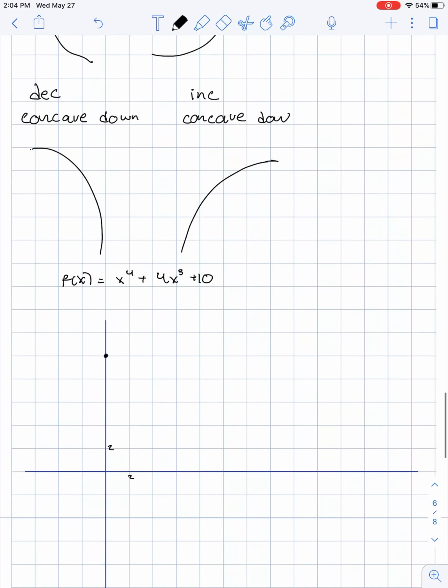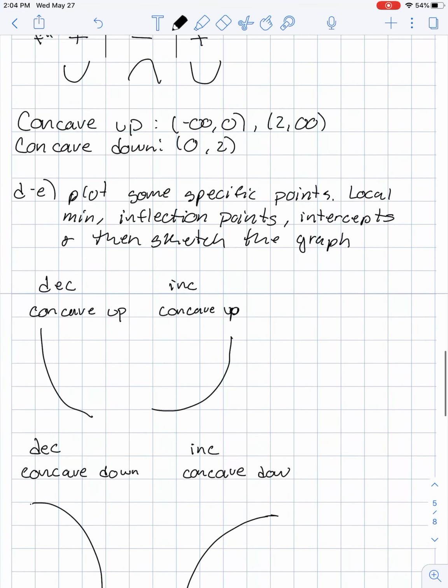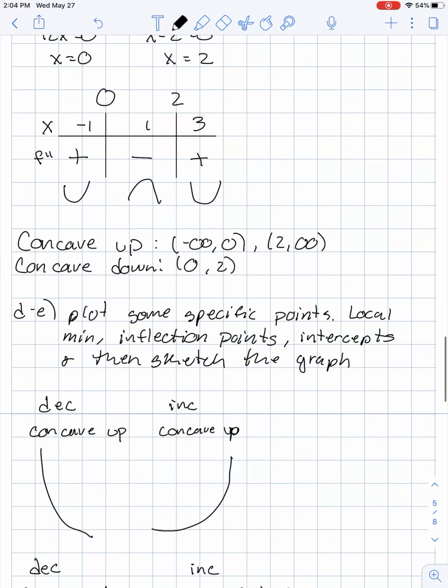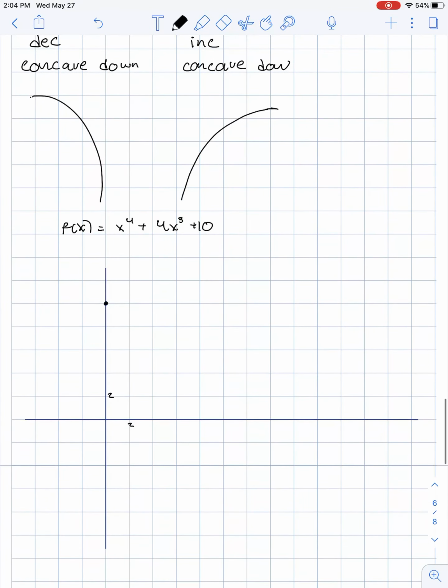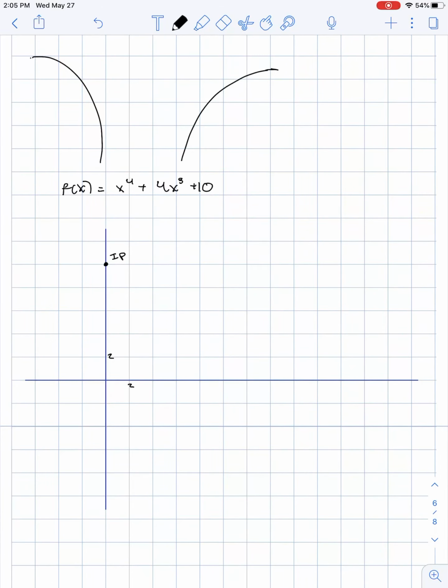And we had an inflection point at 0 and 2. So this is an inflection point. The function at 2 is -6, so right here is another inflection point. And then 3 was our local minimum.